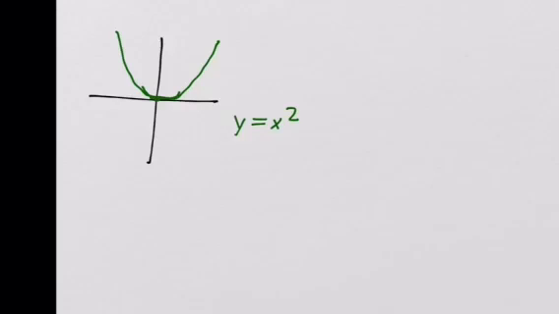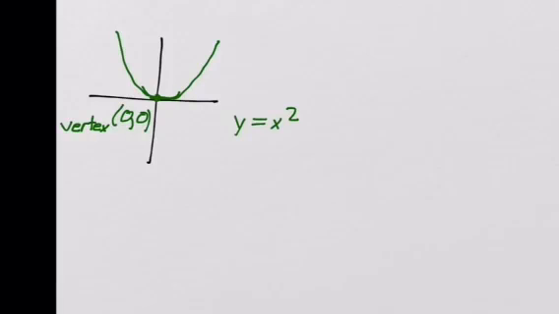So we certainly have the point (0, 0), where that function bottoms out, and that's going to be called the vertex. Vertex is just going to be wherever the function either hits the bottom or hits the top of the curve.